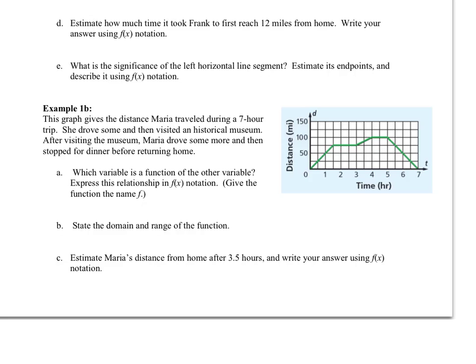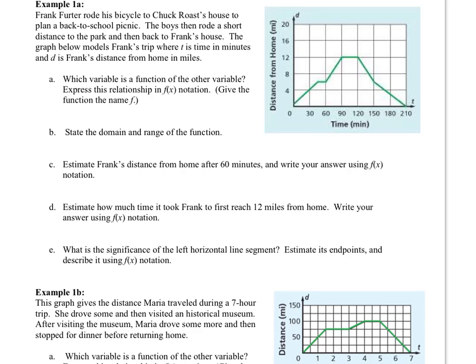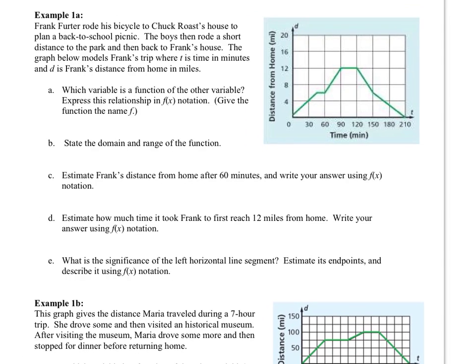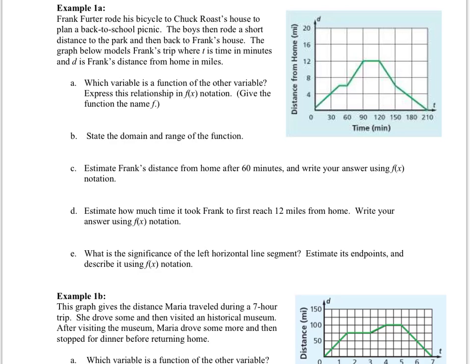In part D it says, estimate how much time it took Frank to reach 12 miles from home. Write your answer using f of x notation. So this time you're going to start on the distance from home, because it was 12 miles, on the d-axis. You start at 12 and go across till it touches the graph, and then go down, and you're at 90.